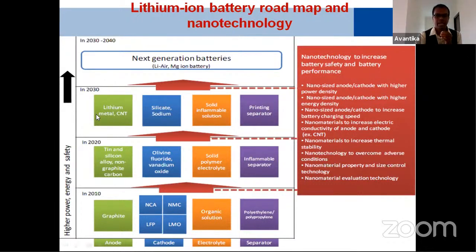And on the anode side, they are thinking to replace it with carbon nanotubes. Actually one movie is there, but we don't have time now. Otherwise, we could easily understand the importance of carbon nanotubes also. In future, they are thinking to replace all those things, and these are the next generation important materials of batteries.